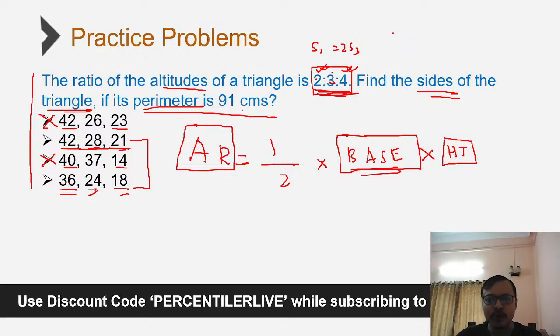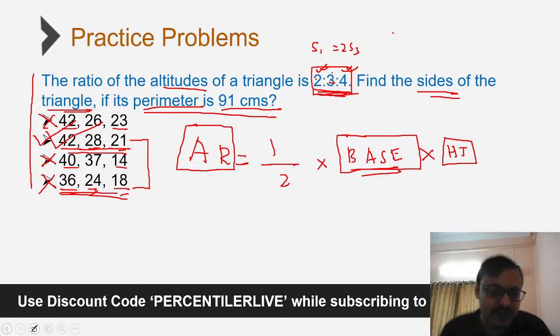However, there is one more condition in this question. What is that condition? The perimeter is 91 centimeters, which means the sum of the three sides is 91. What is the sum of 42, 28, 21? 91, which means the answer is option B. In option D, it is 36, 24, 18, which adds up to 78, whereas I need the perimeter to be 91 centimeters.